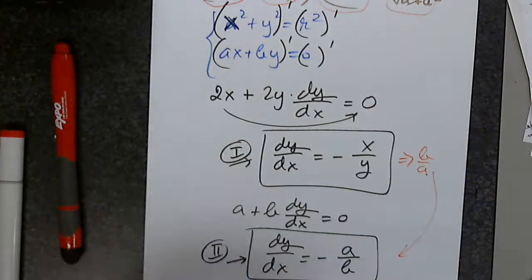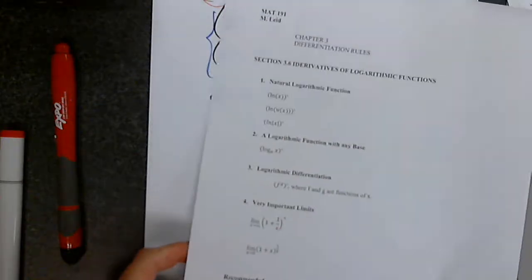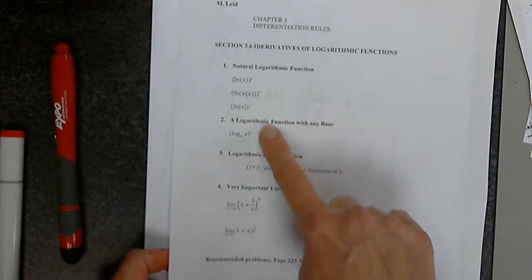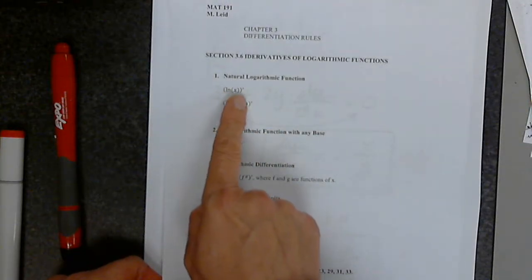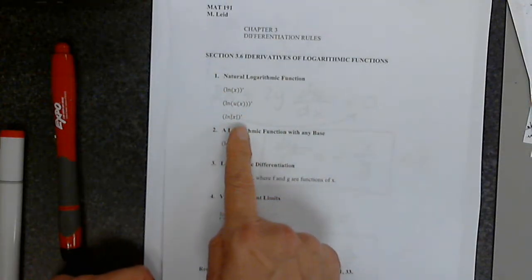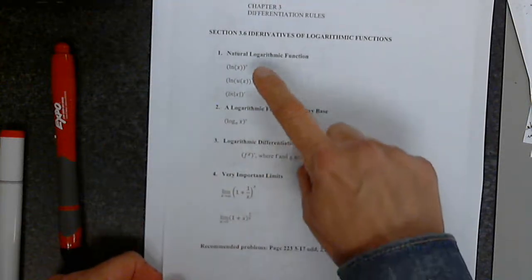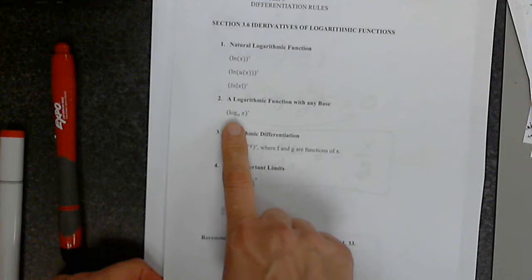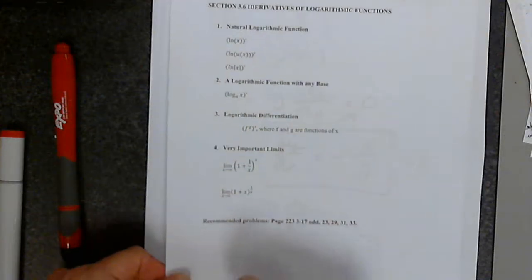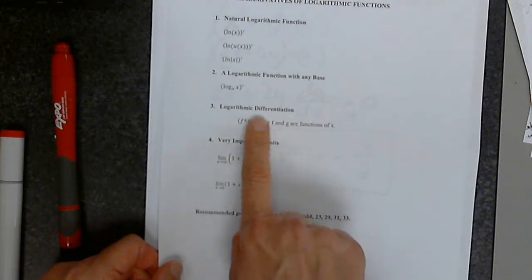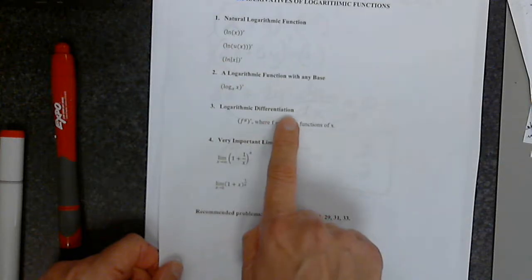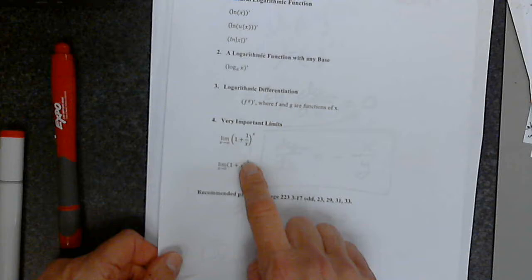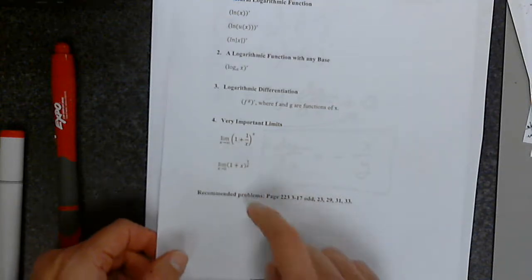I know I didn't get the chance to move on. So in the next section, we will investigate the derivatives of logs, all of them, and with x and with a function, and when the base is not e. And then we will talk about another major topic, logarithmic differentiation, and these two limits.